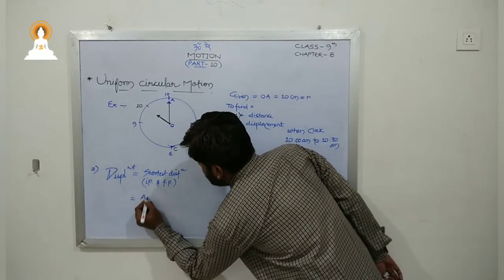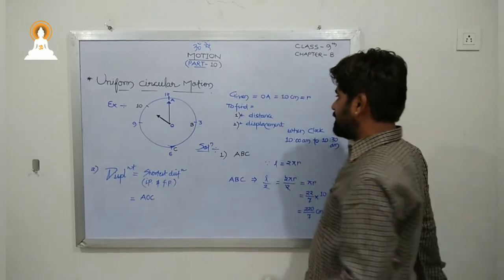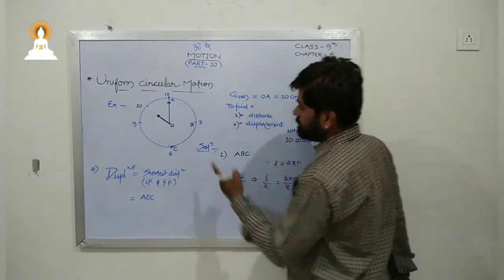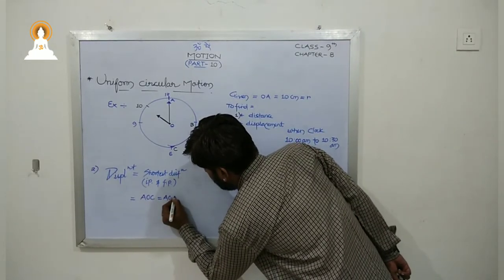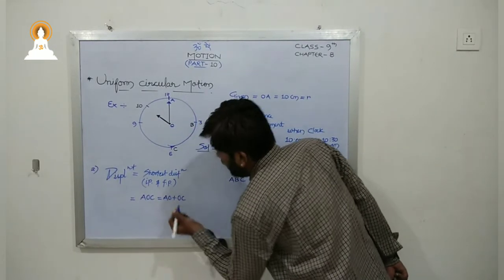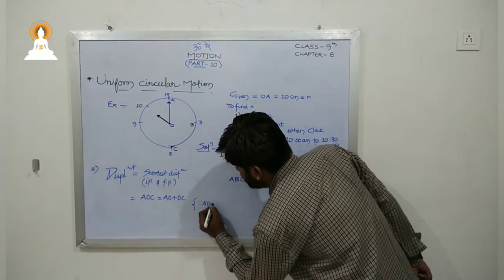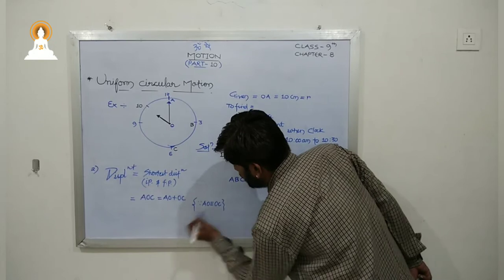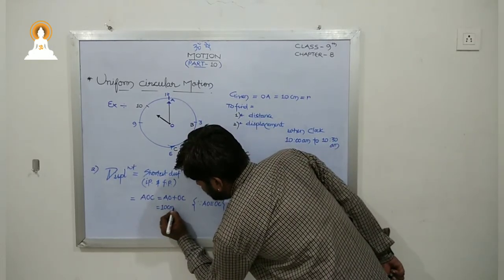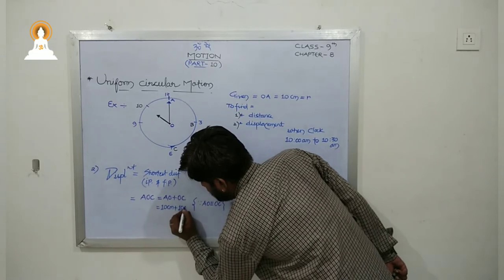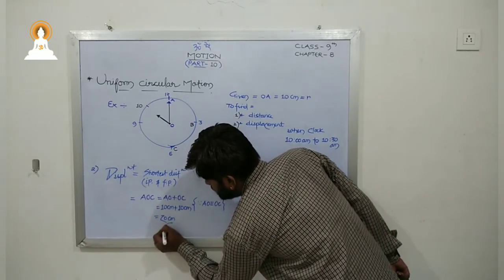That will be AOC, and AOC is nothing but AO plus OC. Because AO is equal to OC, this will be 10 centimeter plus 10 centimeter, that is 20 centimeter.